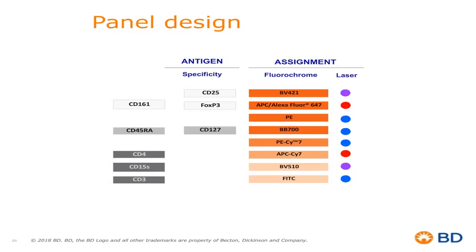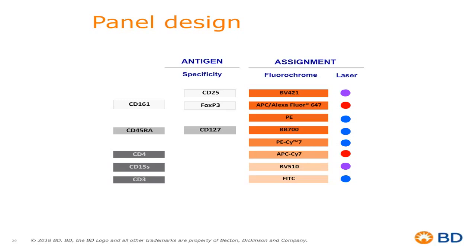So I'm going to pair CD127 with a different fluorochrome off a different laser line, Brilliant Blue 700. I know that Brilliant Blue 700 is a very bright fluorochrome, and there's going to be no impact between Brilliant Blue 700, Alexa Fluor 647, and BV421 when it comes to spillover spreading error and potential loss of resolution.